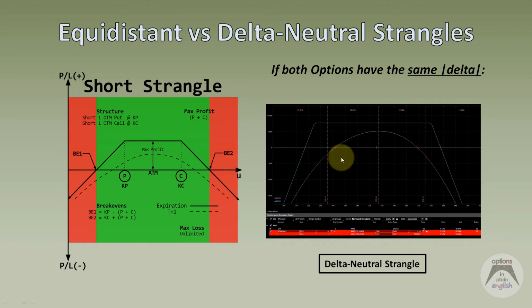Now we're going to take a look at another example in the trading platform, and we're going to do the whole analysis so that you know what to look for when you're trying to put on a strangle, especially if you want the strangle to be delta neutral.